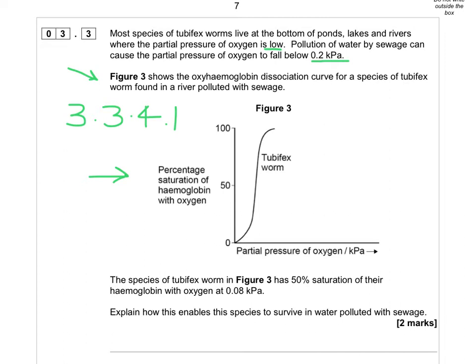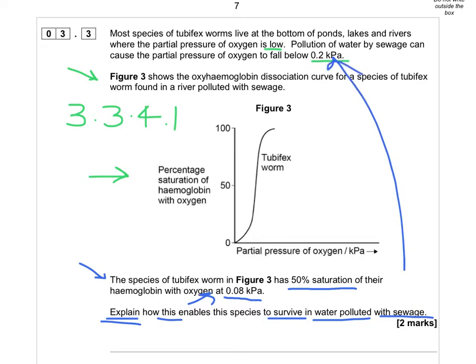There's some important information down here that says the tubifex worm has 50% saturation with oxygen at 0.08 kPa. The question says explain how this enables this species to survive in water polluted with sewage, because notice they did talk about partial pressures of 0.2 kPa in the stem of the question.